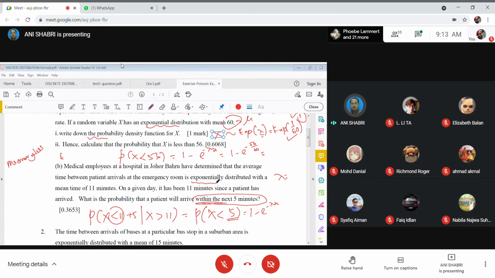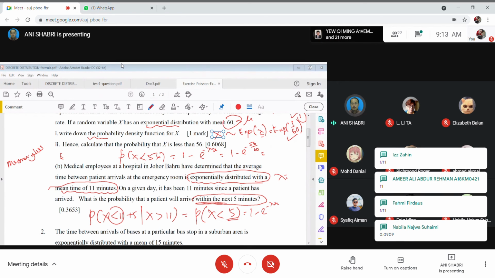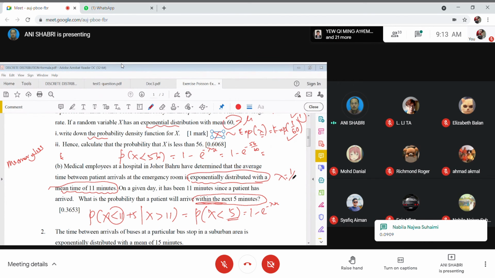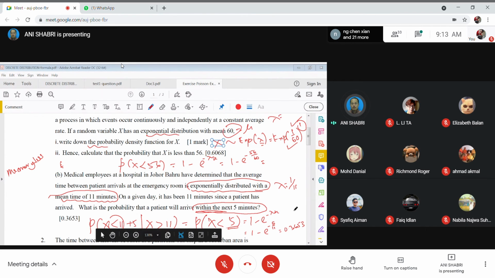Look here: exponential distribution with a mean time of 11 minutes, so lambda is 1/11. It equals 1 minus e to the negative 1/11 times 5. If you calculate, we get the same answer, 0.3653.